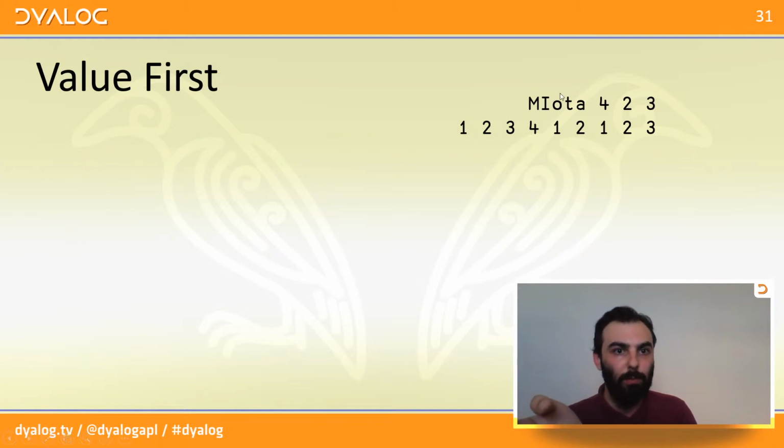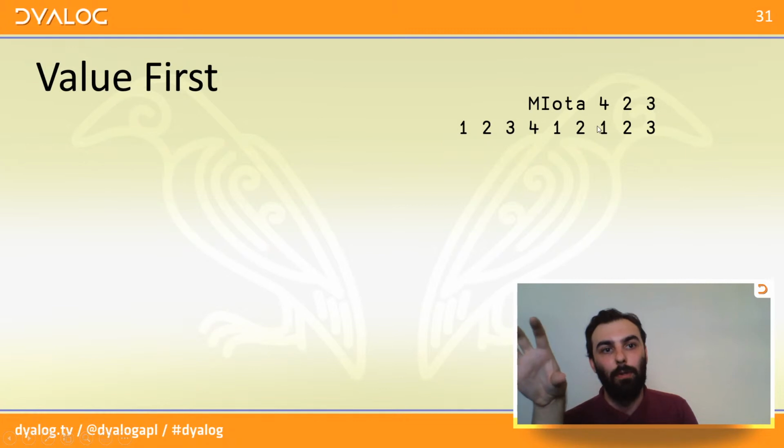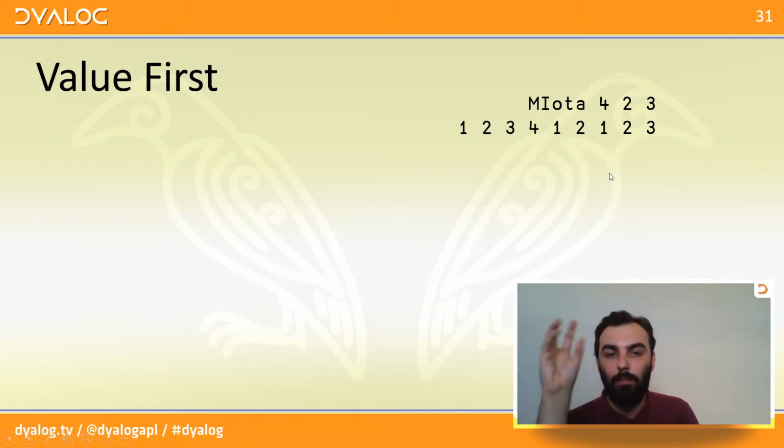So if this was the primitive iota, you'd have all the valid indices. You'd have a 4 by 2 by 3 array, like 4 planes, 2 rows, 3 columns, a cuboid containing all the valid indices into an array of that shape as some kind of nested array.